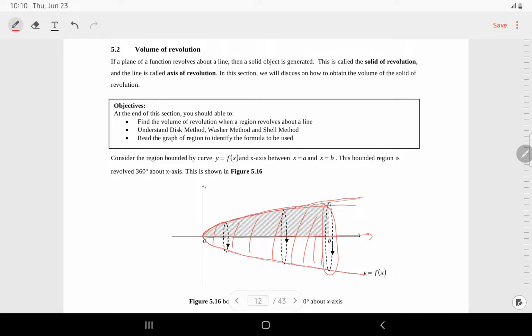So we can calculate the volume for that solid. Sebab dia ada volume, dia ada isi padu kat dalam bila dia jadi solid. Asalnya dia adalah satu graf, satu line ataupun satu graf. So satu graf tu bila kita pusingkan 360 darjah, dia akan jadi solid yang ada isi padu. So kita boleh kira dia punya volume.